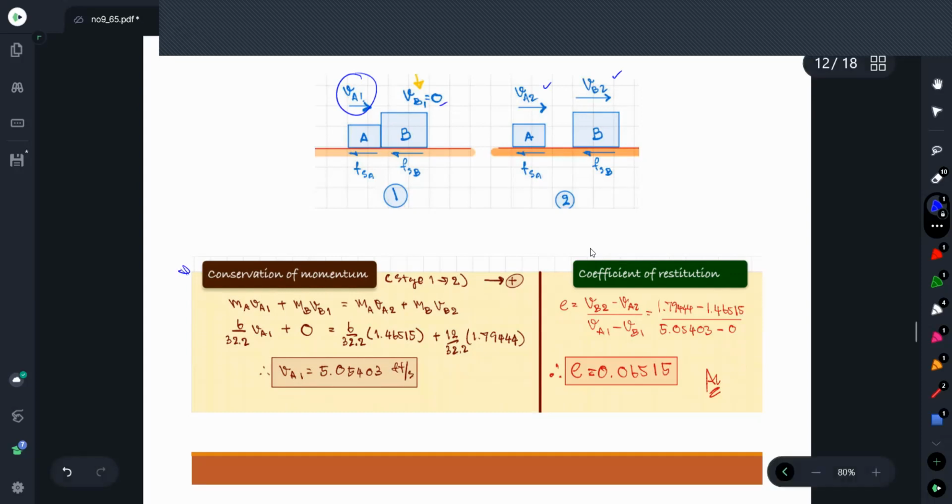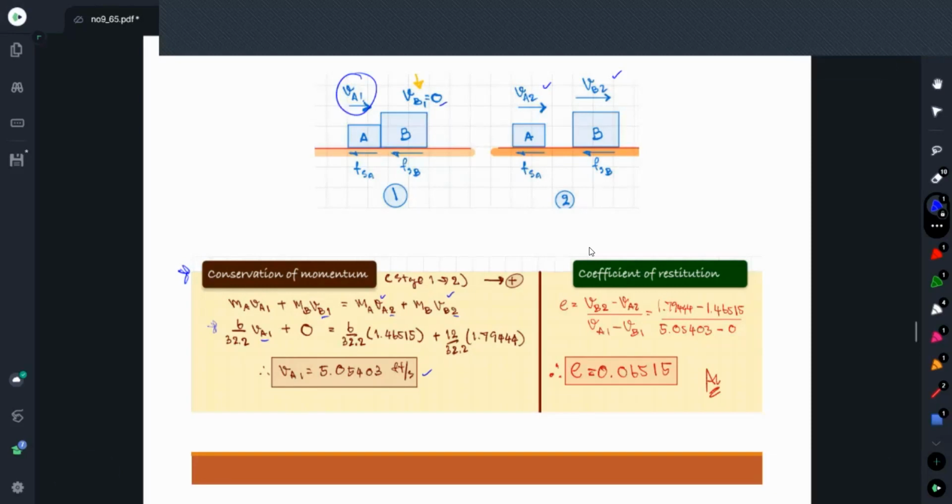When we consider the conservation of momentum, we already know v_A2 and v_B2 after impact, and v_B1 before impact is zero. We have just one unknown, so after solving this equation, we obtain the velocity of block A.